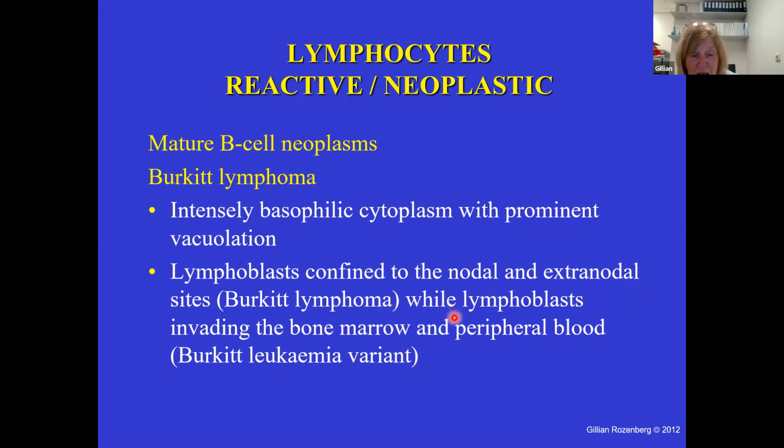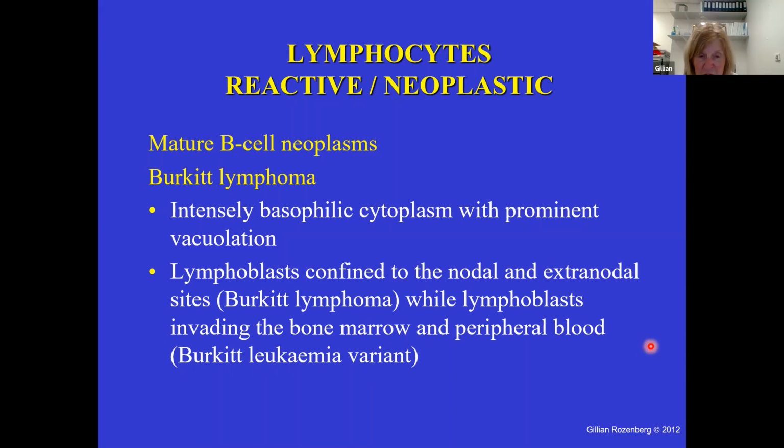So if the lymphoblasts invade the bone marrow and spill over into the peripheral blood, then it's called a Burkitt cell leukemia. The latest WHO classification is Burkitt leukemia variant. They keep changing nomenclature. I would just call this a Burkitt cell leukemia.